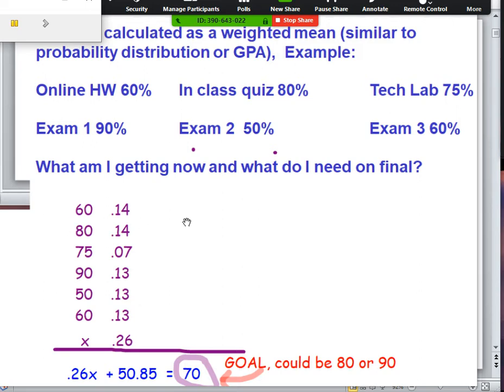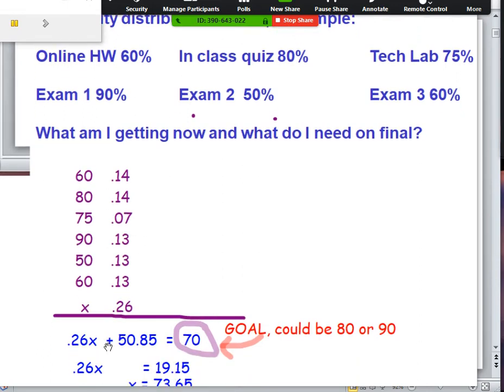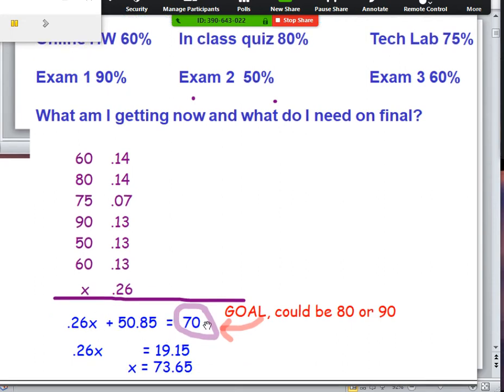So if you multiply all these across and then add them, it would be 60 times 0.14, plus 80 times 0.14, plus 75 times 0.07, and so on. Multiply all those across and add them, and you'll get 50.85 for all of these up top, and you still have x times 0.26, so 0.26x plus this, and then write in whatever your goal is.